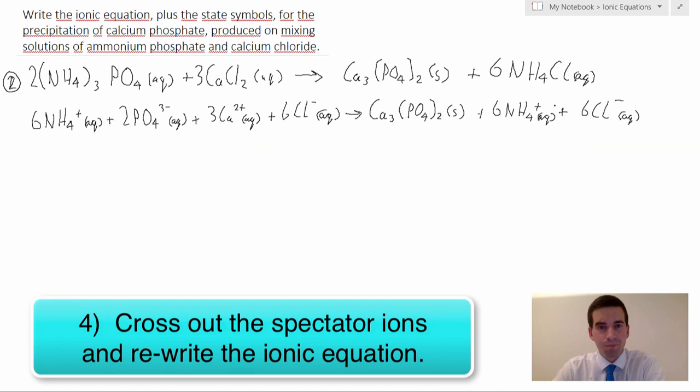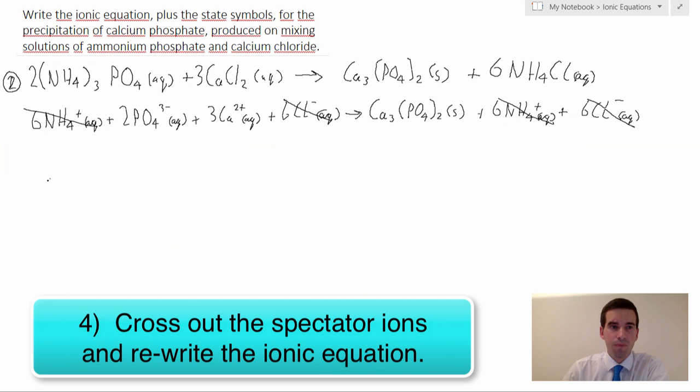Okay, so we've only got one step left, and that is to spot any spectator ions. These are ions which aren't actually involved in the chemical reaction. Therefore, they're going to be the same on the left and right hand side of the arrow. So here, you can see we have 6 ammonium ions on both sides, so we can get rid of those, and 6 chloride ions on both sides, so we can get rid of those.